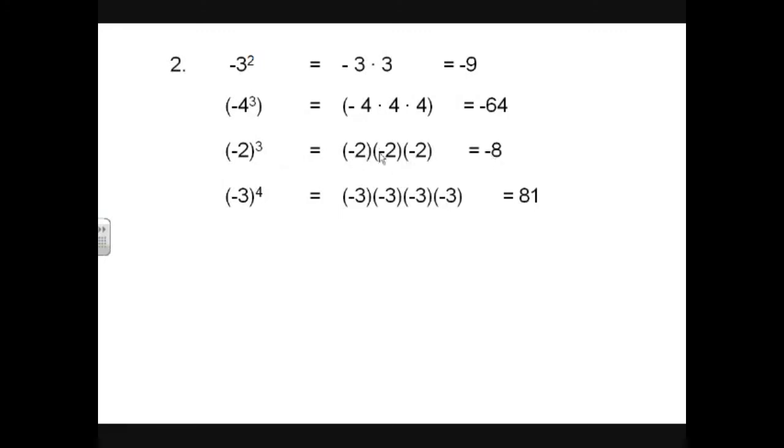So if these two negatives make a positive, the fact that we have an odd number turns it right back to a negative. Well, down here, whenever we have an even exponent, then two negatives make a positive, two negatives make a positive, and my answer stays positive. So anytime we have an even number of exponents, it's going to be positive, and odd would be negative.